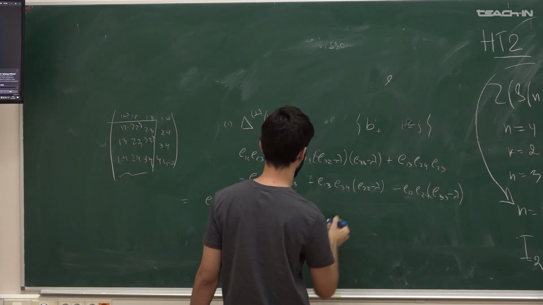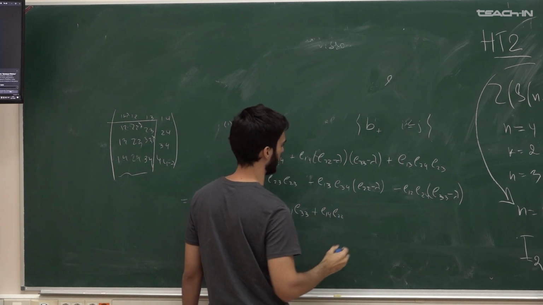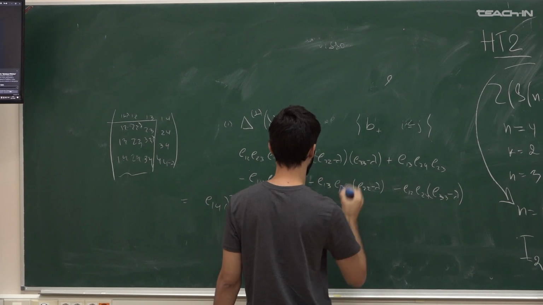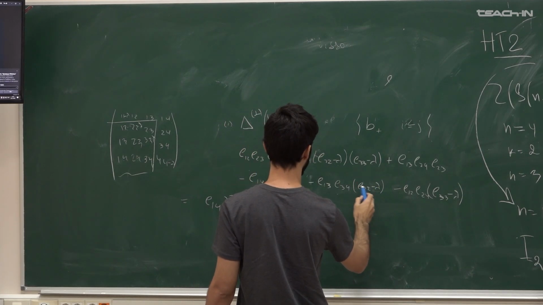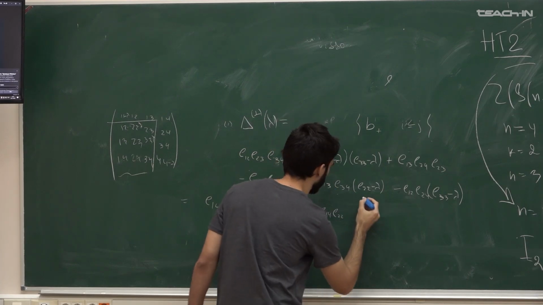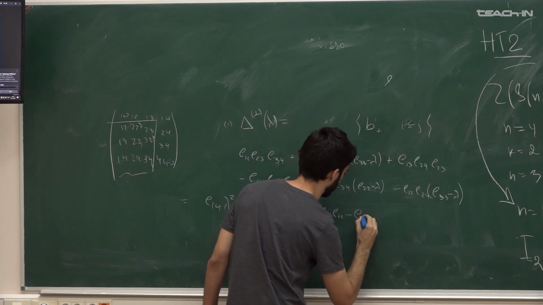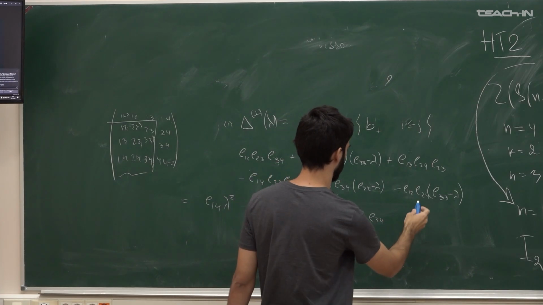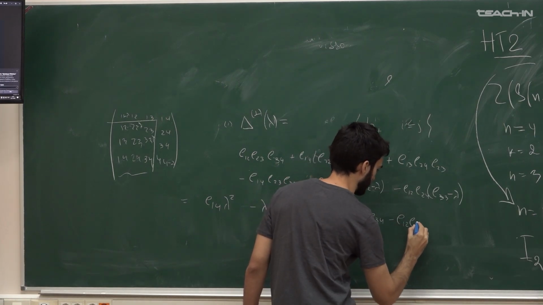Plus E14, E22. And the other one is 0. And from here we have minus 1, 3, 3, 3, 3, 4. And also minus 1, 1, 2, 2, 4.